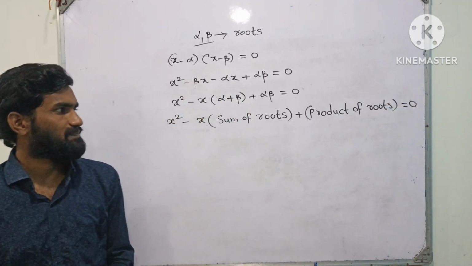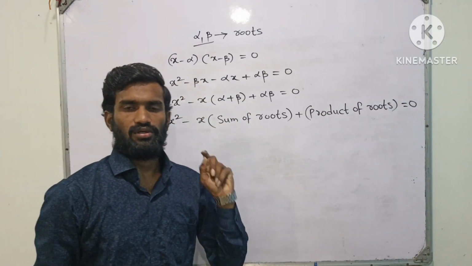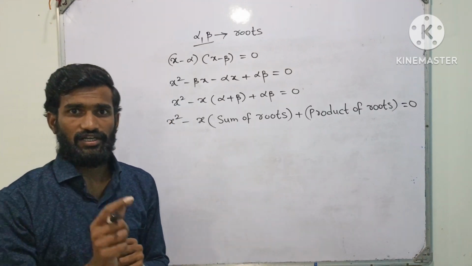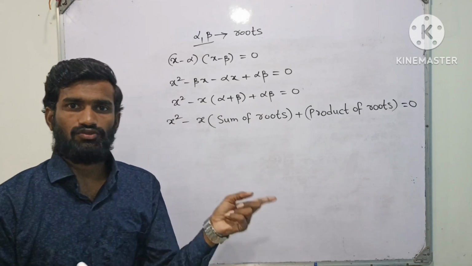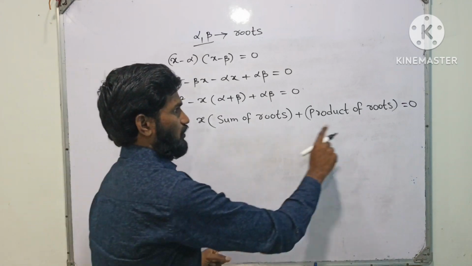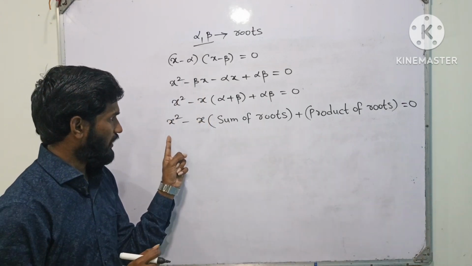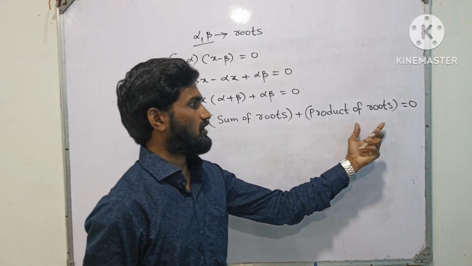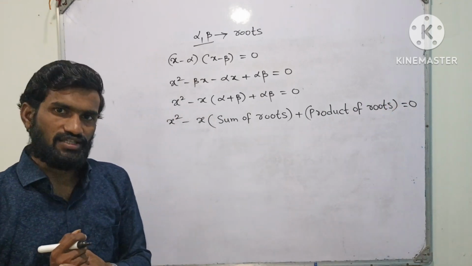So this is the way you need to write if two roots are given for a quadratic equation: x square minus x into sum of roots plus product of roots equals 0.